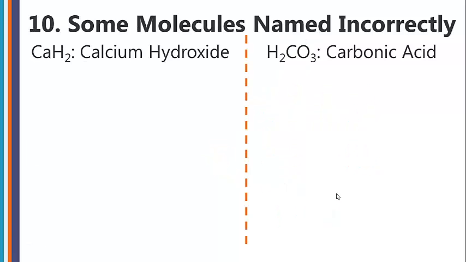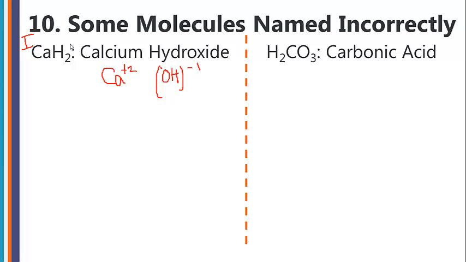Number 10, some of these molecules are named incorrectly, and we've got to figure out which ones. Let's start off with CaH2, calcium hydroxide. Well, this is an ionic compound, and we've got calcium, which has a +2 charge, and hydroxide is the polyatomic ion OH with a -1 charge.